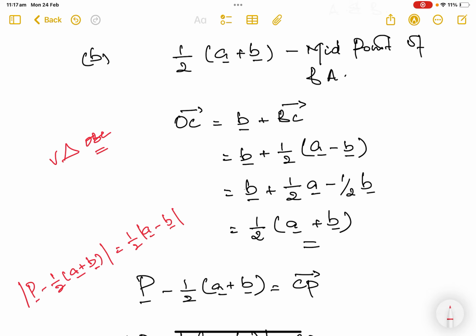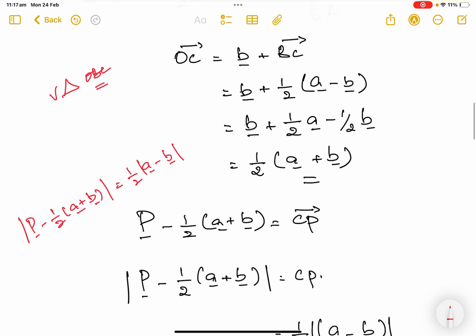B is the vector OB, so B is just B, plus BC, which is half of A minus B. When you remove the bracket, you get vector B plus half vector A minus half vector B. So vector B minus half vector B will be positive half vector B. So half times A plus B. So that's the vector OC, which is half A plus B.